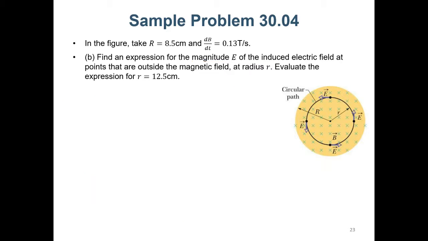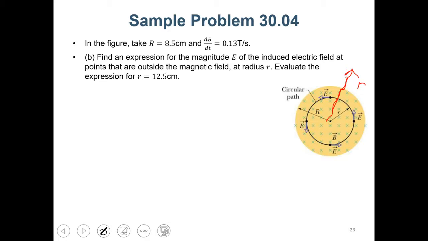So for part B, find an expression for the magnitude E of the induced electric field at points outside of the magnetic field at radius r. Evaluate the expression for r equals 12.5 centimeters. So this time, r is larger than capital R. Capital R is 8.5, so it is around like this.